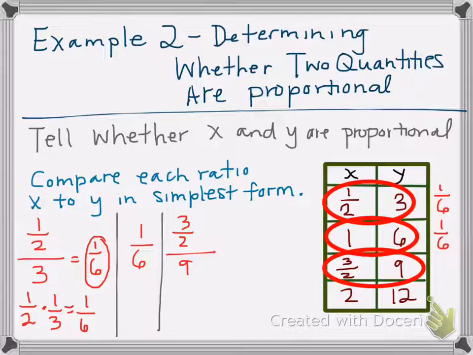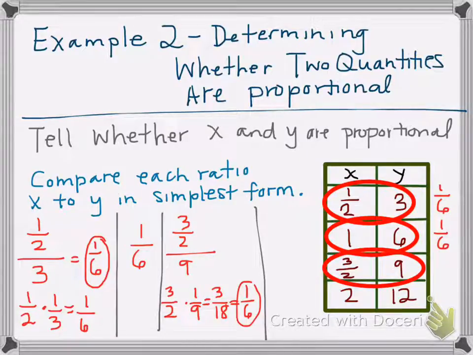And once again we know that it's the multiplication of the reciprocal, leaving us with 3 over 18, which reduces down to what, my friends? 1/6. Oh, we love it. So we know that that one is also 1/6.